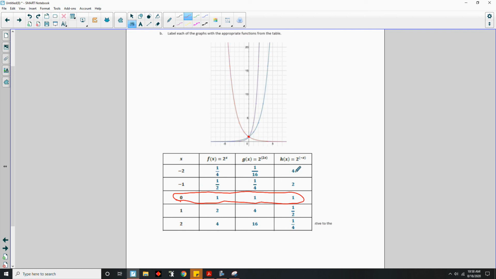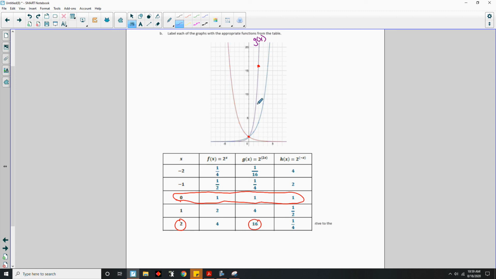And again, our y values are over here, and we have a 16 here, and that was when x was 2. So that's the first thing I would look at: go over to 2, which is here, and go up 16, and there's the point (2, 16) right there. So this is g of x.